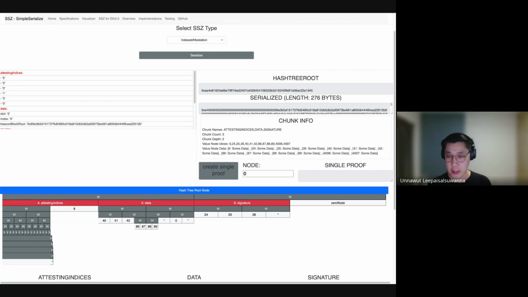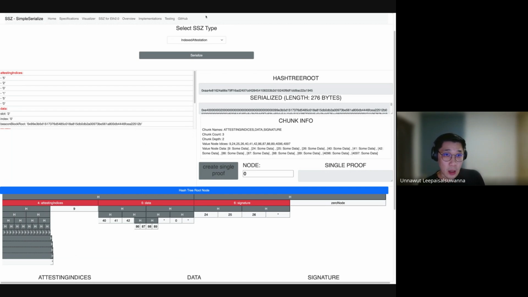If you have only 6 items, in order to be able to Merkleize it, it has to be a power of 2. So it knows that, oh, then I have to append it with 2 more blank items, so it becomes 8. And then with 8, you're able to Merkleize it back to a single hash value.